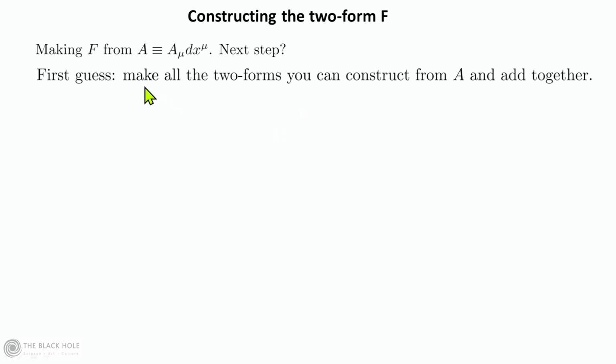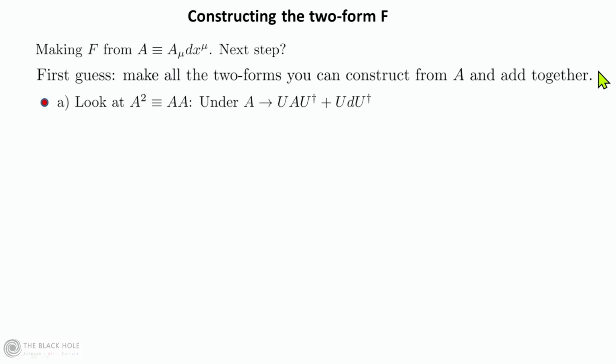So make all the possible two-forms you can construct from A and dA, the operator small d, which acts on something, and then you can add them together. Now, there's only two ways that you can do it. You can multiply A by itself, or you could have d acting on A.